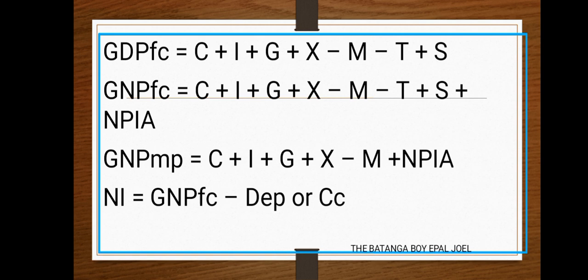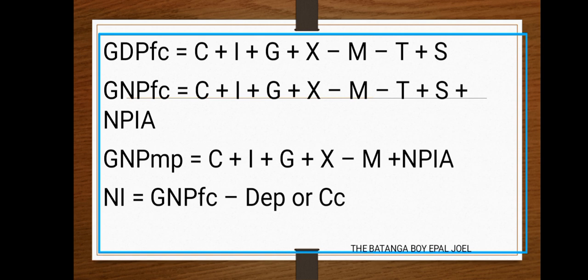Now, we move to gross national product. So gross national product is consumption plus investment plus government expenditure plus export minus import minus taxes plus subsidies plus net property income from abroad. That is NPIA.